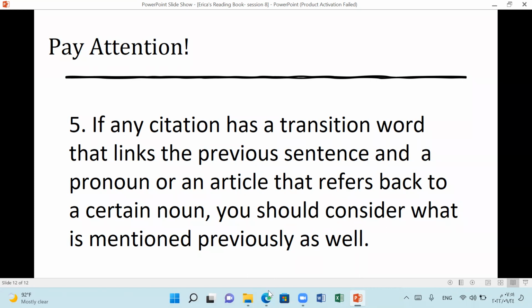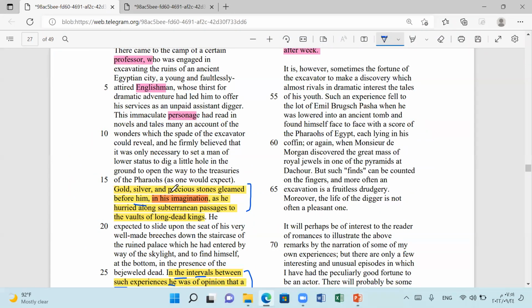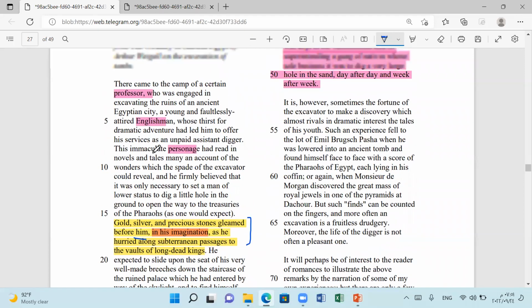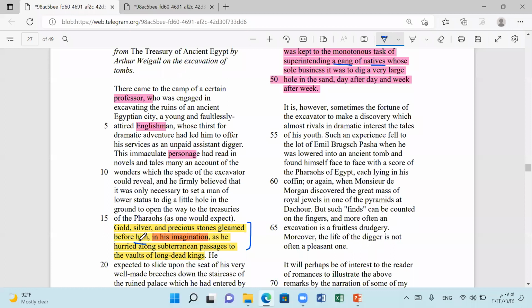Like exactly what I did when I found he or him. Okay, I read what is before just to make sure that this pronoun, him, is referring back to the exact noun I'm targeting.